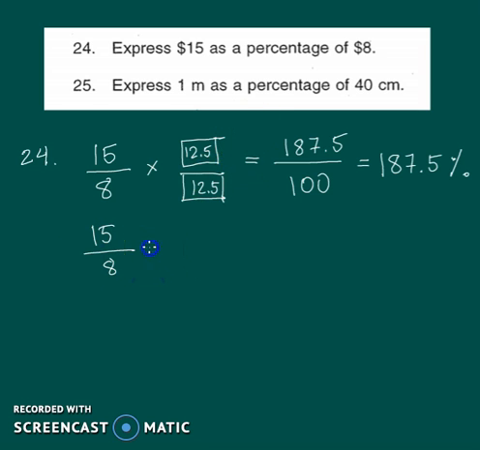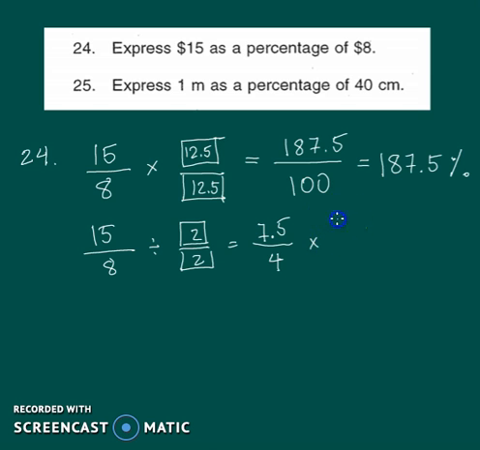Another way we could have done this is we could have divided the numerator and the denominator both by 2 in order to have ended up with 7.5 over 4. Now we know that 4 goes into 100 25 times.